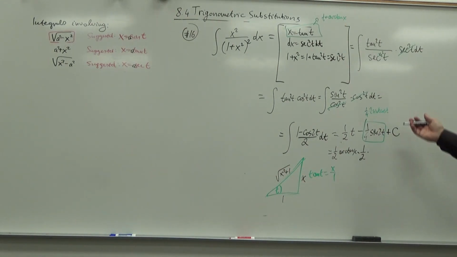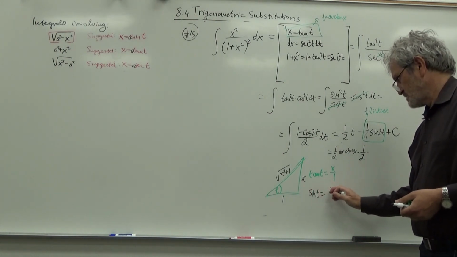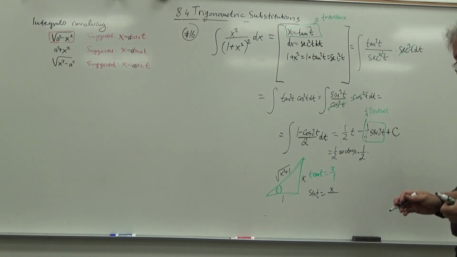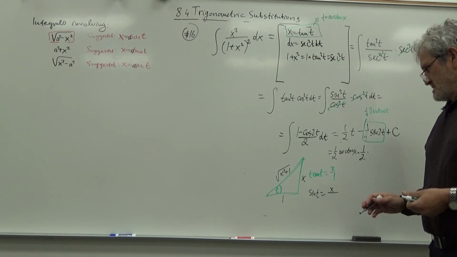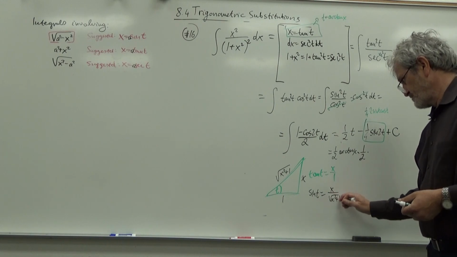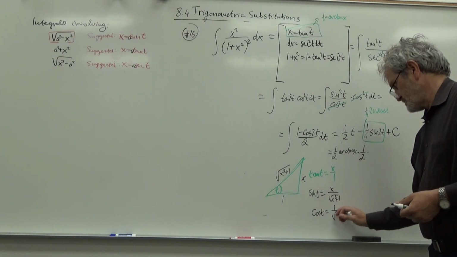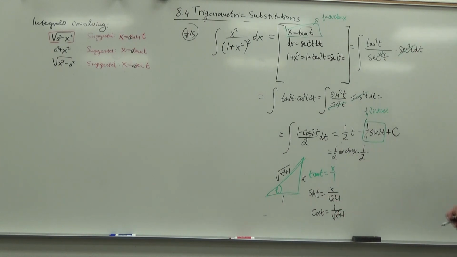And now I can read both sine and cosine, so sine t is x over square root of x squared plus 1, and cosine t is 1 over square root of x squared plus 1. So basically we arrange 1/2 just to multiply those two expressions. We get x over x squared plus 1, because square root of x squared plus 1 times square root is just x squared plus 1.